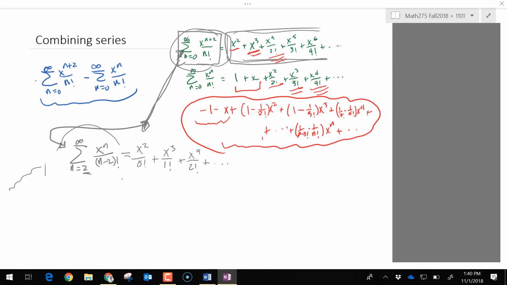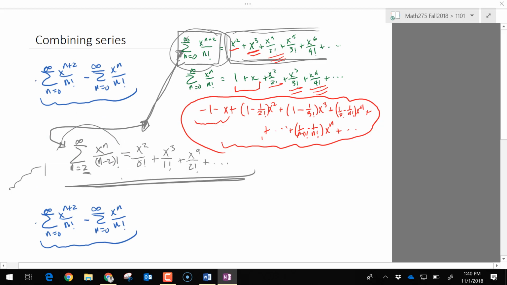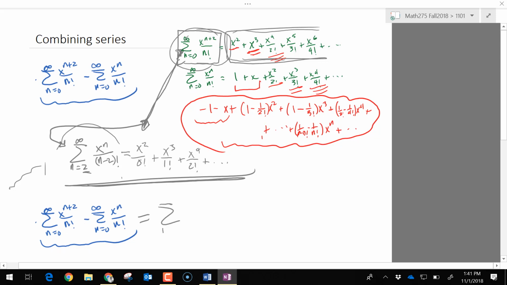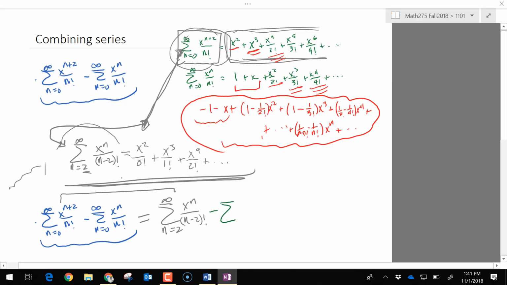Okay? So I think if those two are the same series, then this original problem that we had should equal that, and then minus, right?